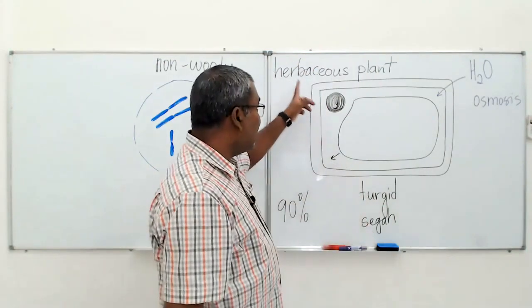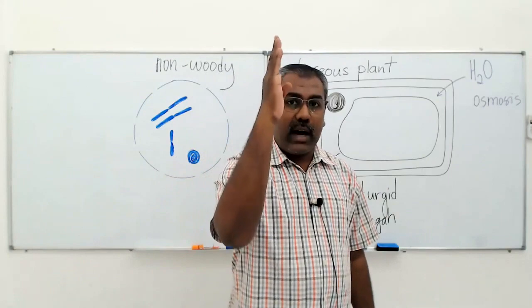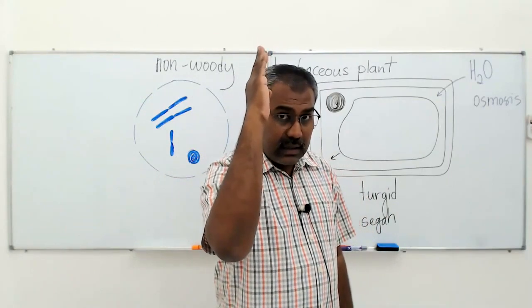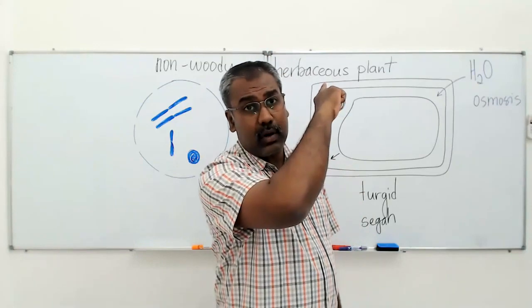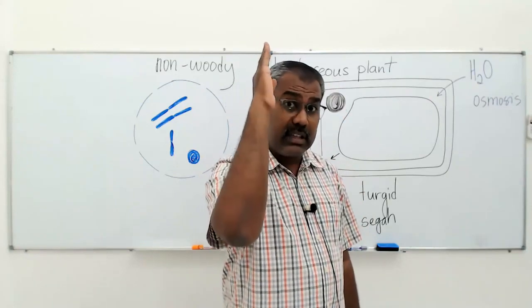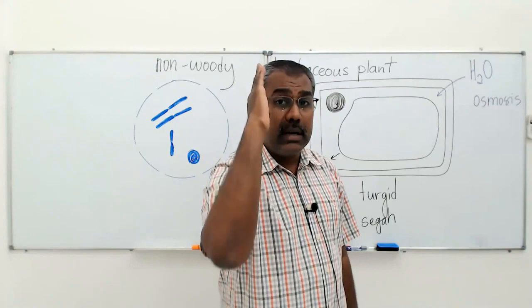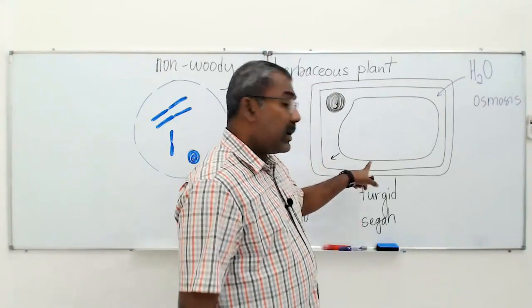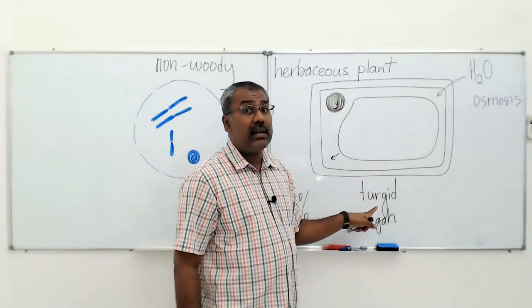And for herbaceous plant, what causes the plant to be able to stand upright? Apa yang menyebabkan pokok herbaceous boleh berdiri dengan tegak, iaitu disebabkan sel-selnya yang turgid.